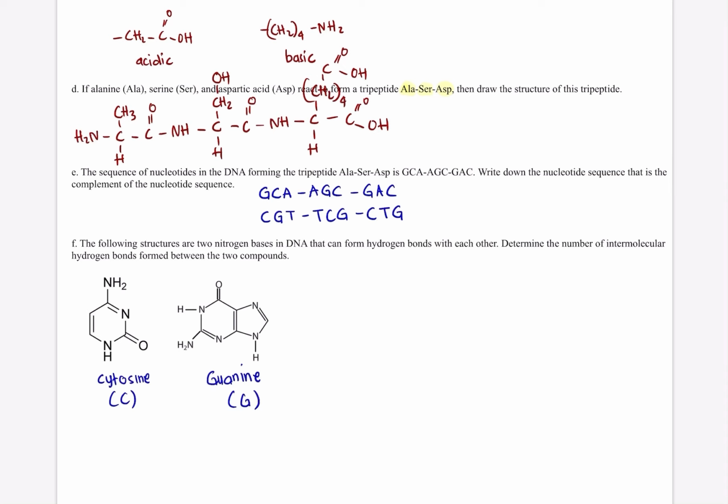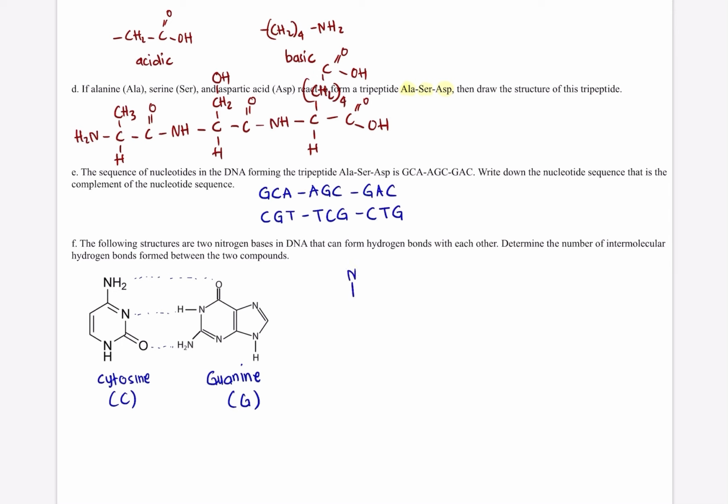Now the cytosine and the guanine have three possible hydrogen bonds, and that is actually between this one here and this one, and then another one is from this forming with this, and the other one is this forming with this one. So in that case, the hydrogen bonding should be something like this.